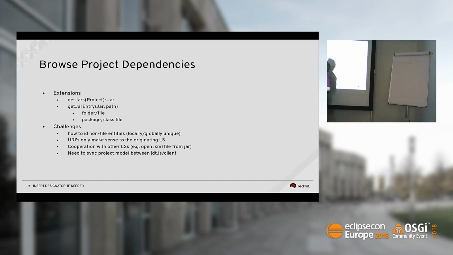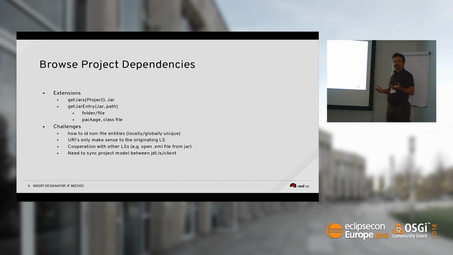And we get two things back, and that's also a choice we made. The first thing is you get Java elements back, like packages, and you get class files, which have the same URI that we saw before in the references call or the definitions call, and we get folders and files. And this is Java specific, so that's kind of weird.